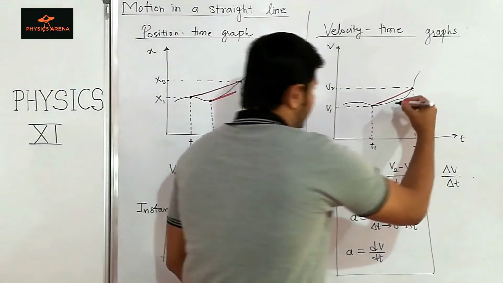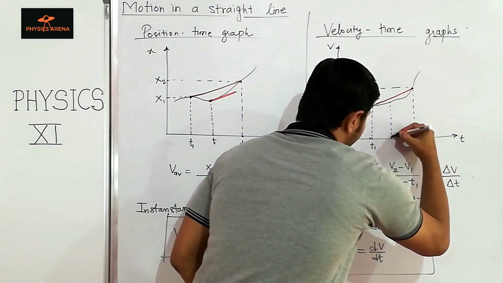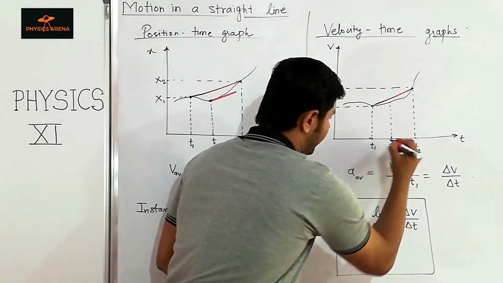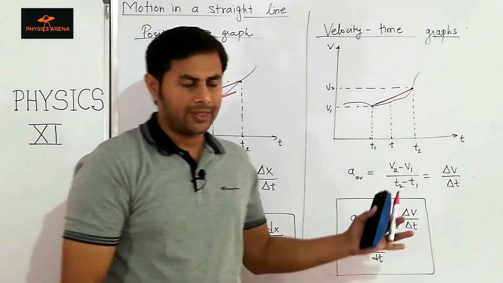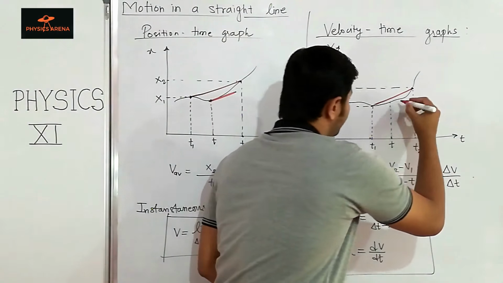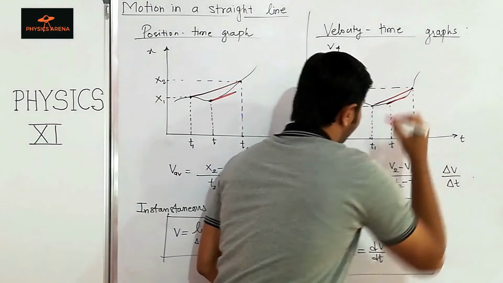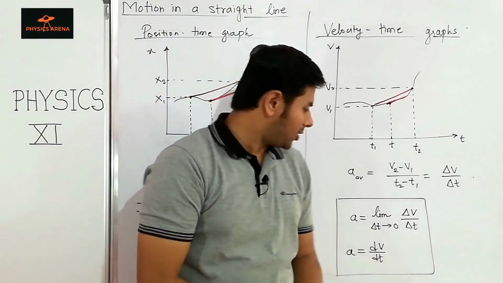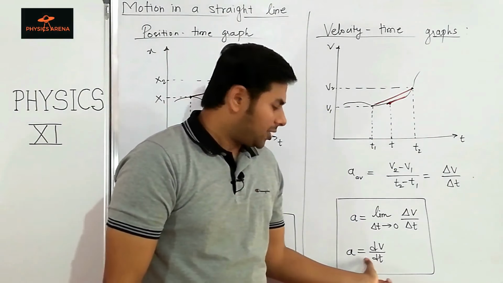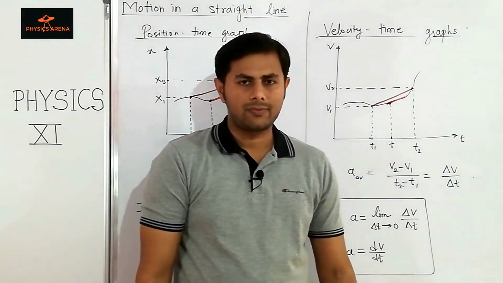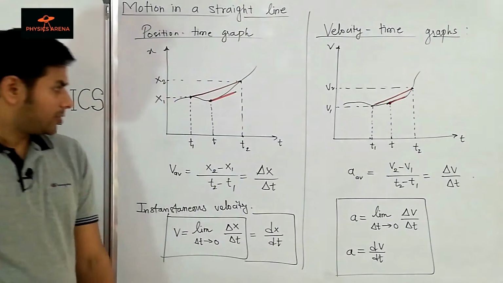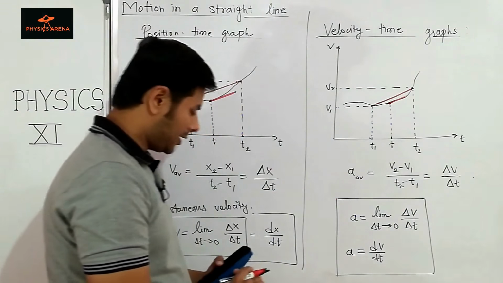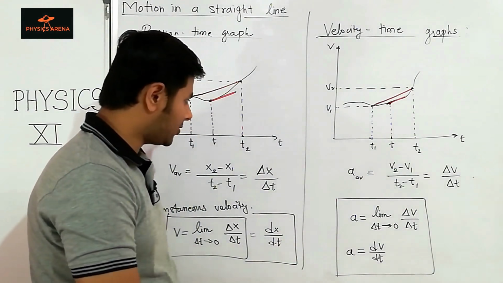And what will this thing be in this graph? Graphically, suppose at any time t, it is just the slope of this tangent line at that point that gives us acceleration. Okay, so this is a very important point, and I have also drawn a bracket over there.